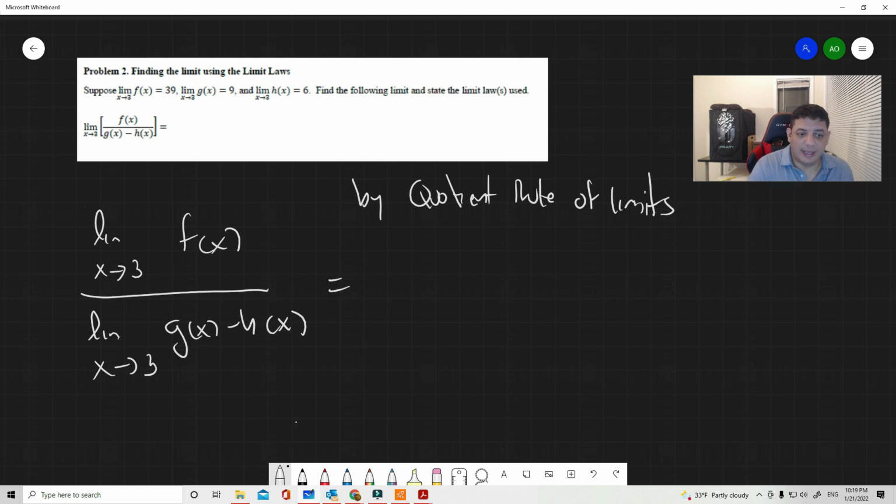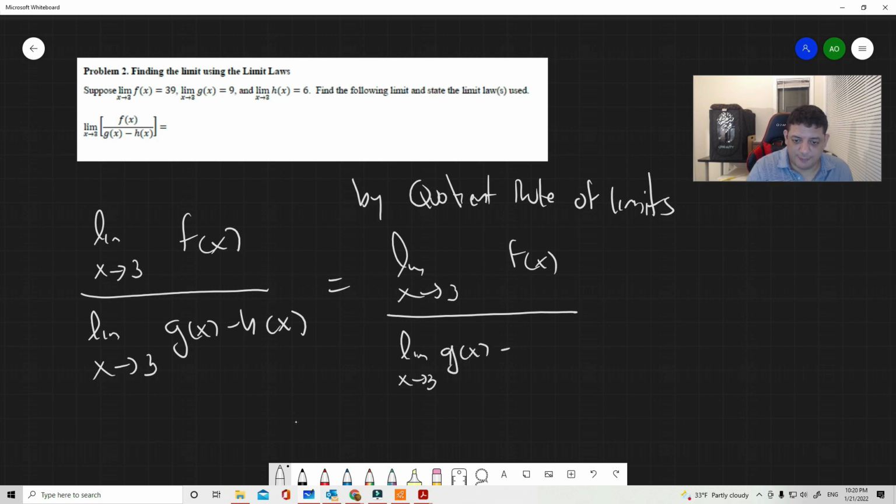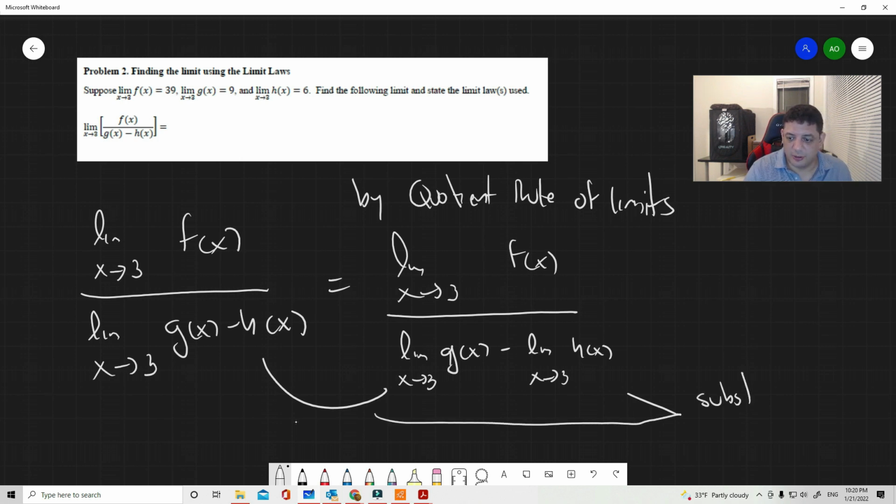And then I can further split this as the limit when x goes to 3 of f of x, and the limit when x goes to 3 of g of x minus the limit when x goes to 3 of h of x. And from here to here, what I'm using is the subtraction rule for limits.